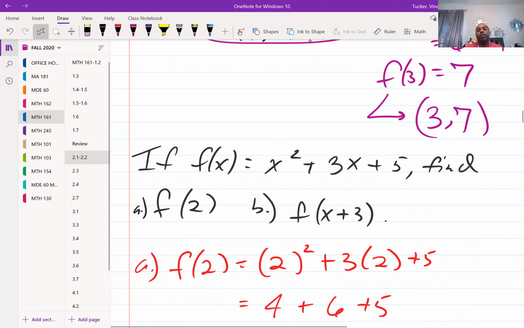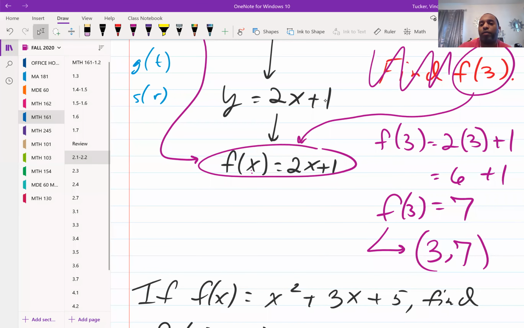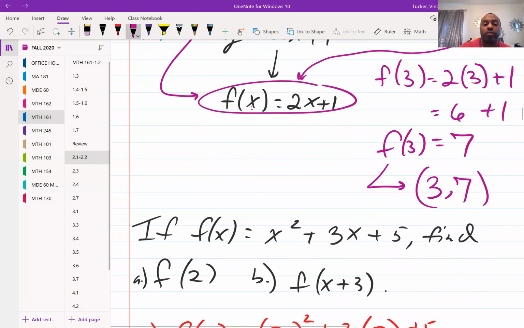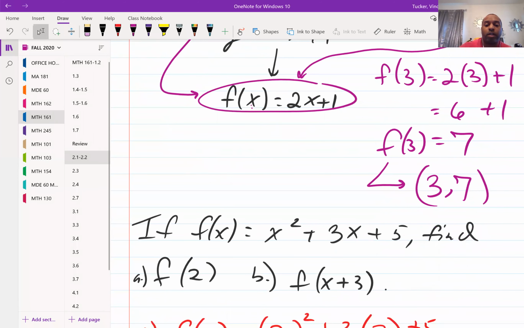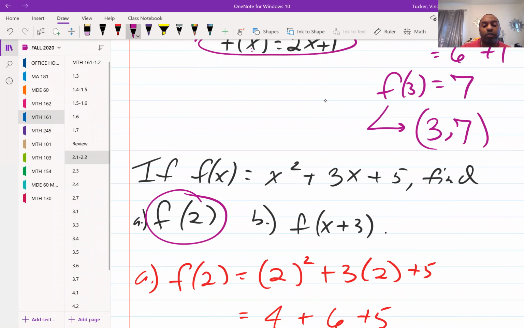So the next one, we have f of x is equal to x squared plus 3x plus 5. That 3 was just where, if the directions said find f of 3, then you just plug it in. In this next one, we have f of x is equal to x squared plus 3x plus 5. It says find f of 2.